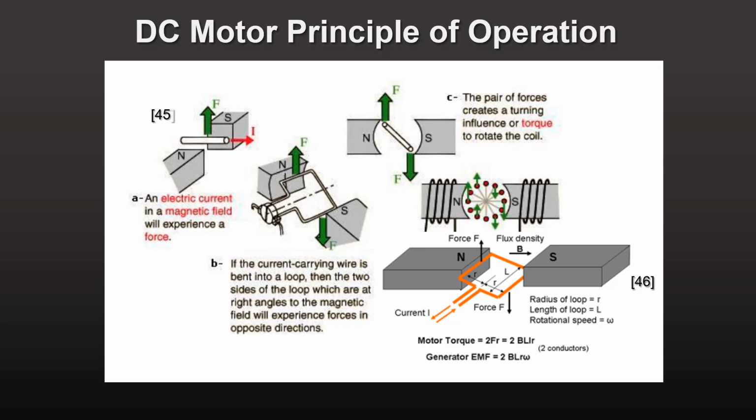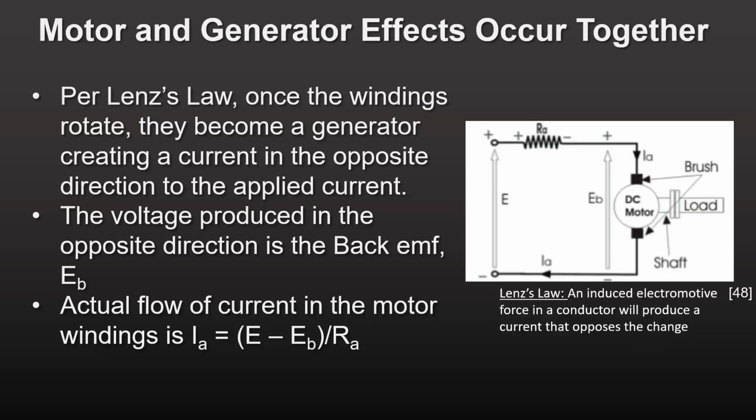The generator, or back EMF, equals B times L times V. But velocity V equals omega times R, where omega is the angular velocity of the coil. So the back EMF equals B times L times omega times R. Passing current through the armature windings causes them to rotate through the magnetic field.